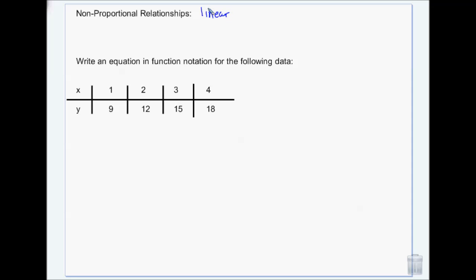Still linear a lot of times, but not in a direct proportion, so not proportional. So y equals kx is not what we're going to use.